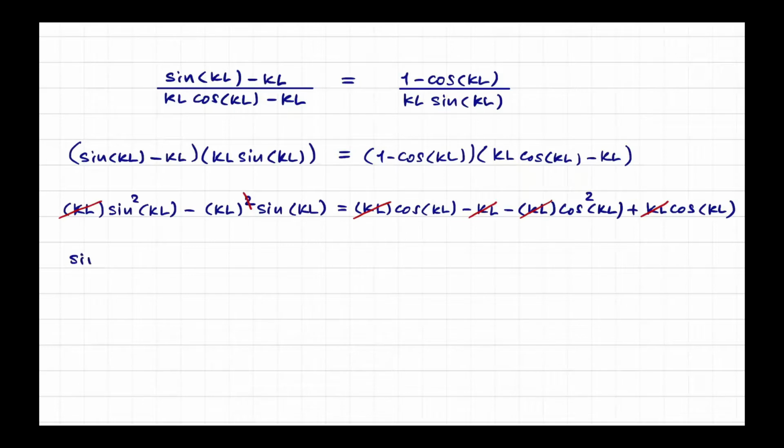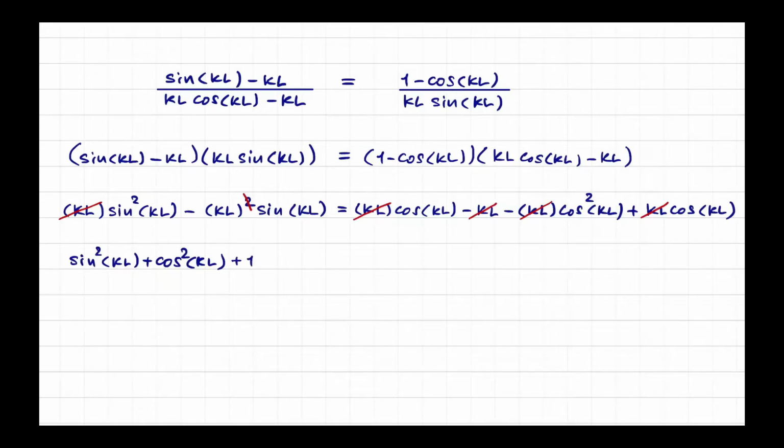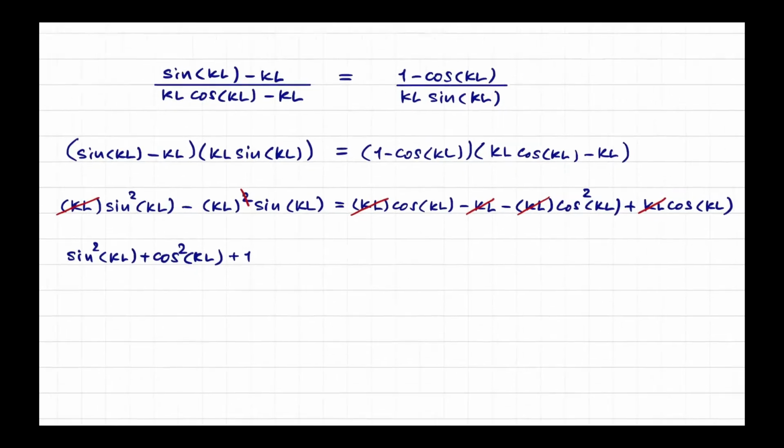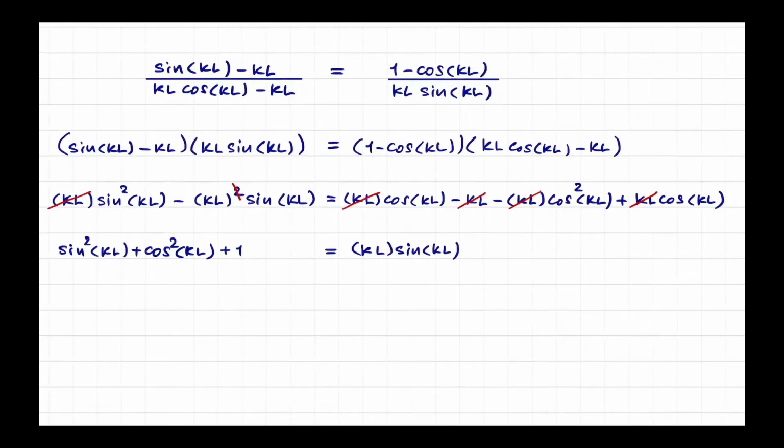Alright, sine square KL plus cosine square KL, this will make 1, right? And then plus 1, which is from here, move there. What do we get now? The minus KL side goes to the other side, plus cosine KL to cosine KL, right?